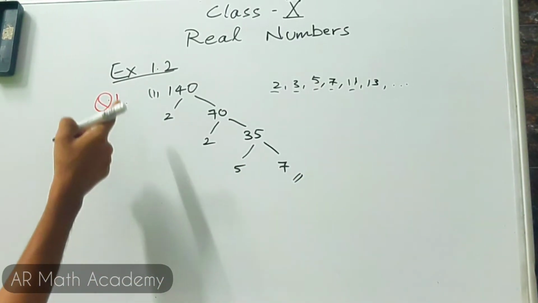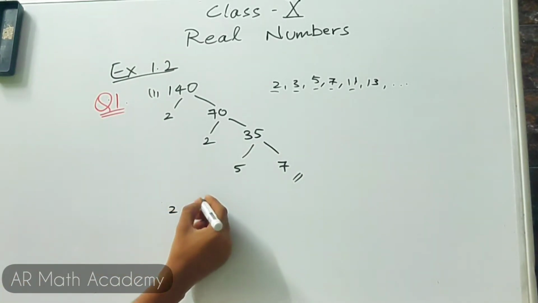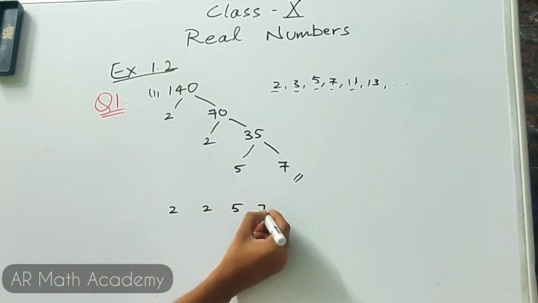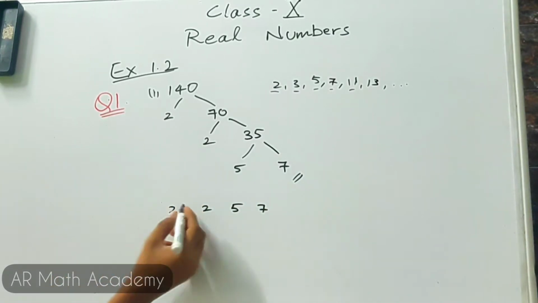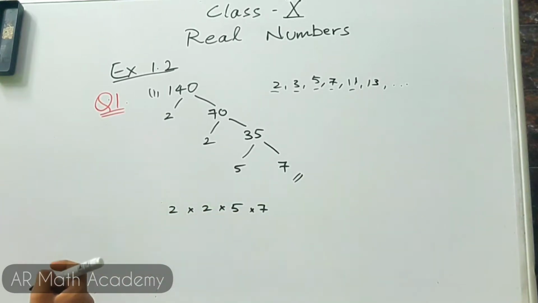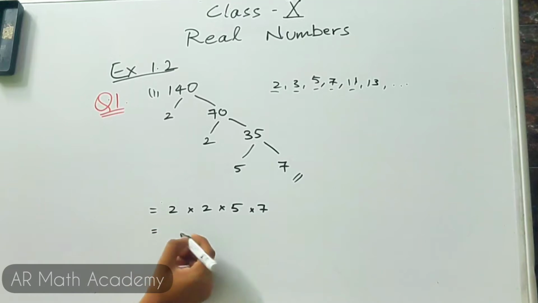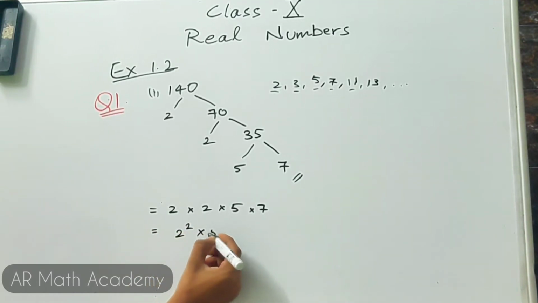The numbers we got from prime factorizing 140 are 2, 2, 5 and 7. Now we write them in product form: 2 times 2 times 5 times 7. 2 times 2 can be written as 2 square, so this is 2 square times 5 times 7.